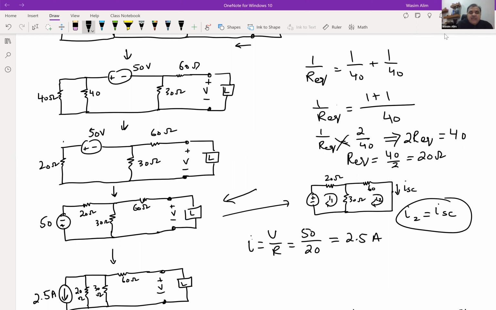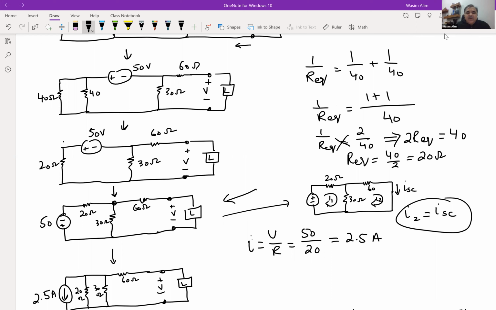The other one is through node voltage analysis, right? So let's look at how many independent nodes we have here. The independent node that we have is this particular node here, and the load where the load is connected will be the open circuit there, right?